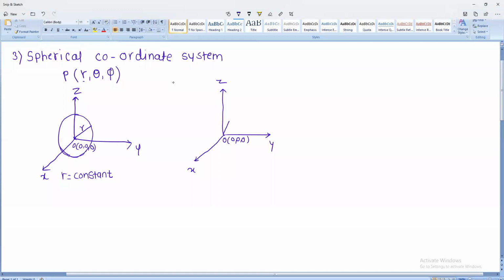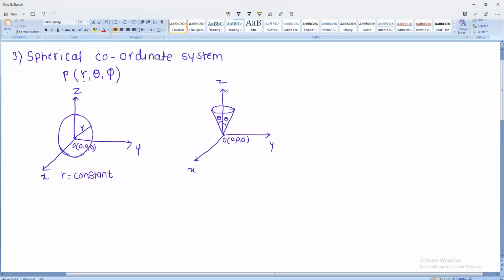It can be towards the y axis and it can also be towards the x axis. So this is the angle theta, and you can consider this the top of the sphere.